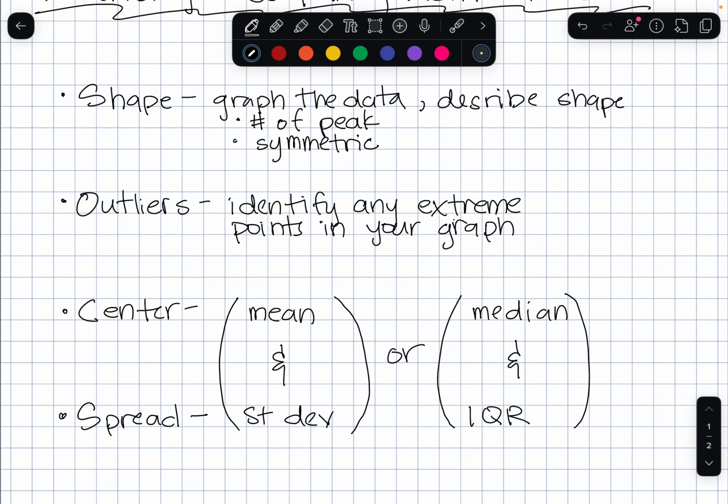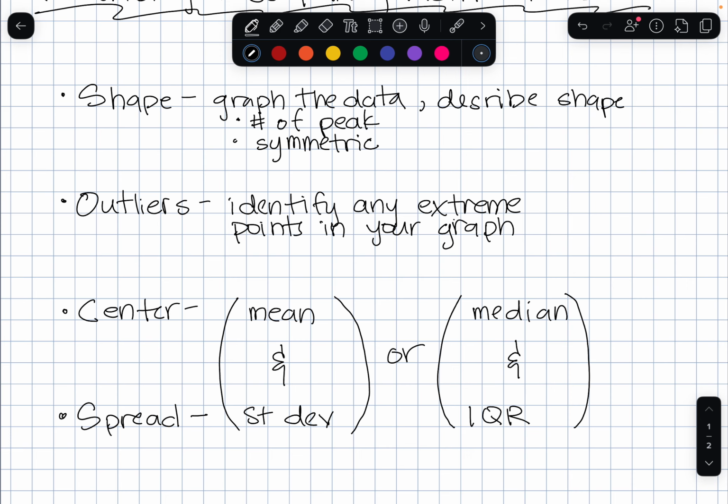And you'll notice that takes us through most of what we've talked about in this first week. Shape, outliers, center, spread. The shape and the outliers determine which measures of center and spread we're going to use.